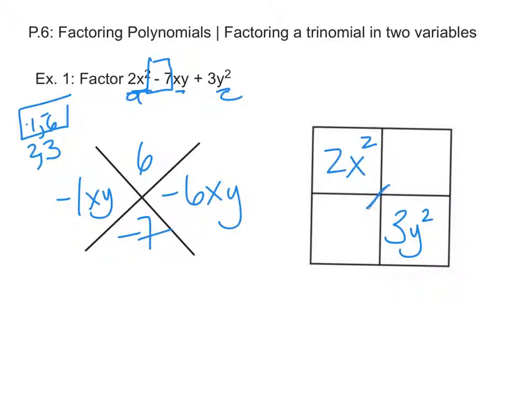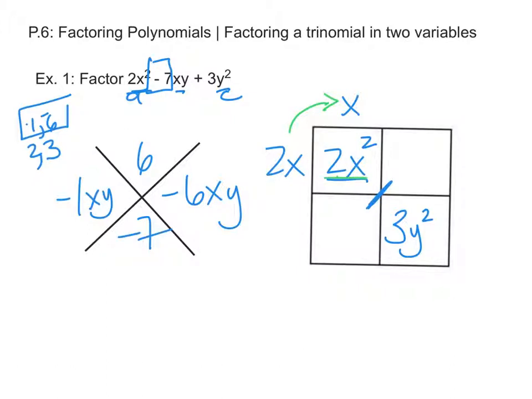So those numbers are going to go in the diagonals here, but before we do that, we want to factor out 2x squared. And when we factor out 2x squared, we're going to have 2x here and x, because 2x times x gives us 2x squared.